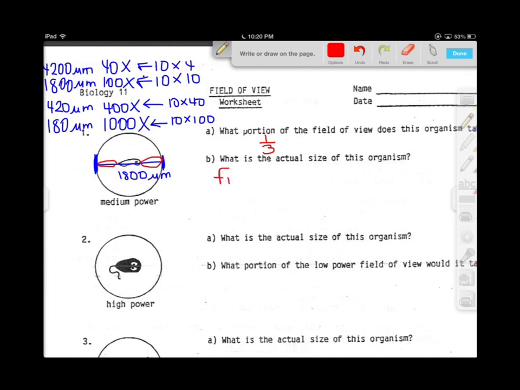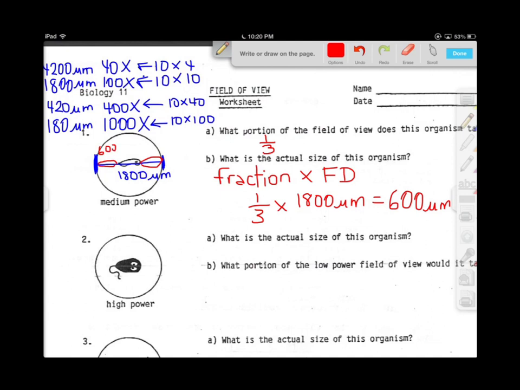Fraction, or how much of the field of view just one little critter would take up, times your field diameter, FD. 1/3 times 1800 micrometers gives us 600 micrometers per critter. So I'll just write it in here without the units, and you get the idea.